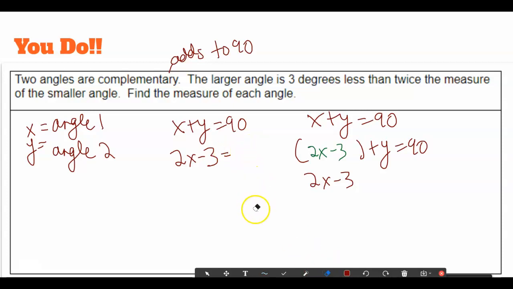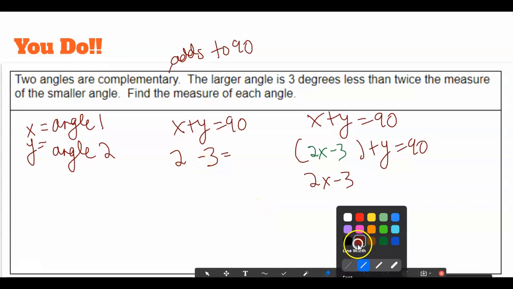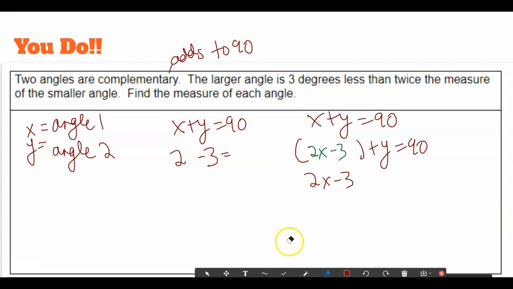I made a mistake. I had the same variables there. I'm going to do 2y minus 3 equals x. It doesn't matter which one you do as long as you're just consistent.